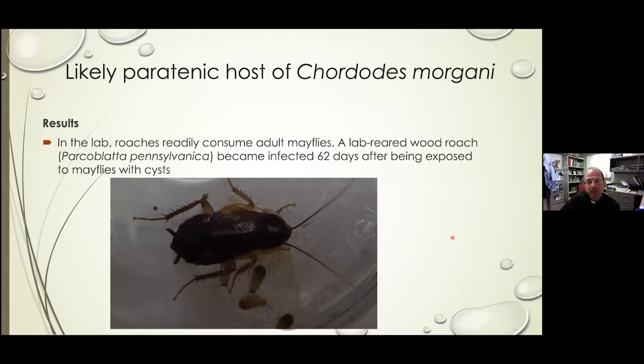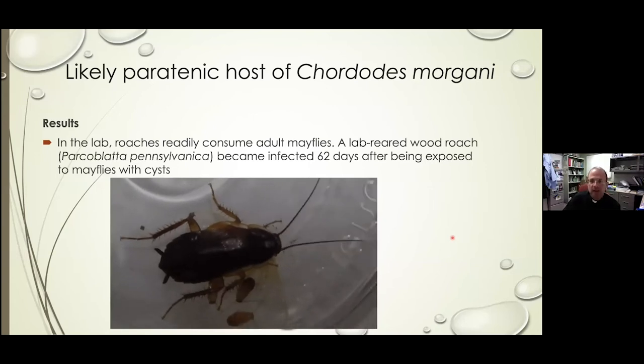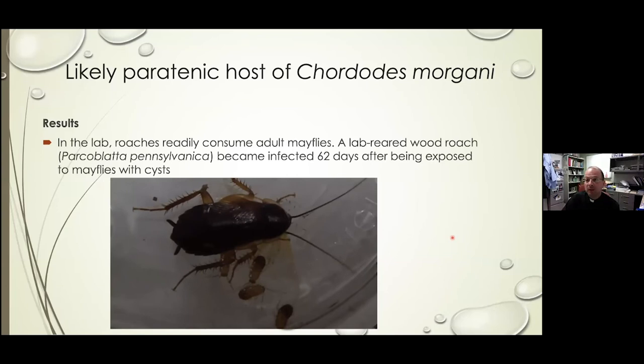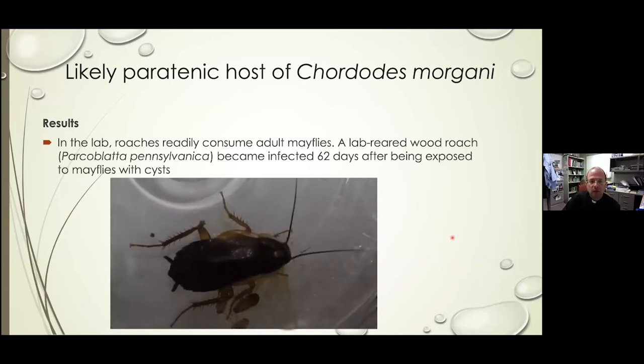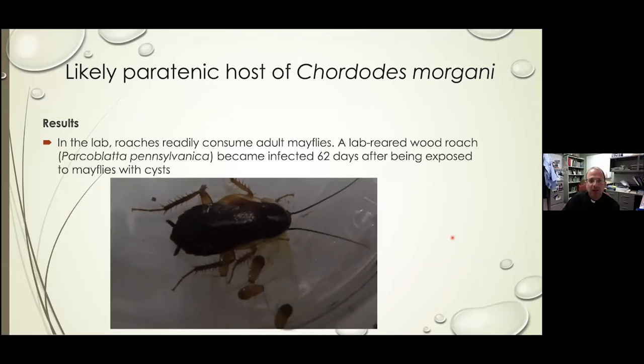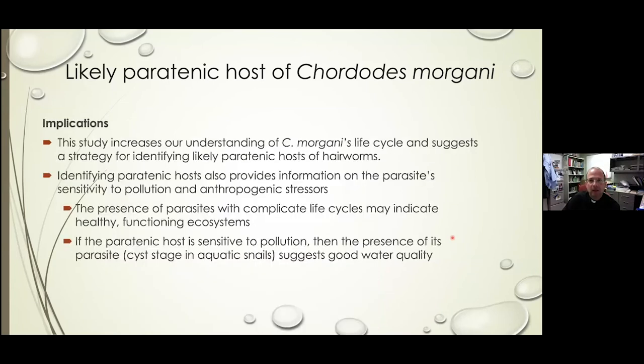And then approximately 62 days later, on average, the worms emerged. So they will eat them, and they do successfully infect the wood roaches. So again, this study increases our understanding of the life cycle. If we can identify these paratenic hosts, which is always a little problematic.